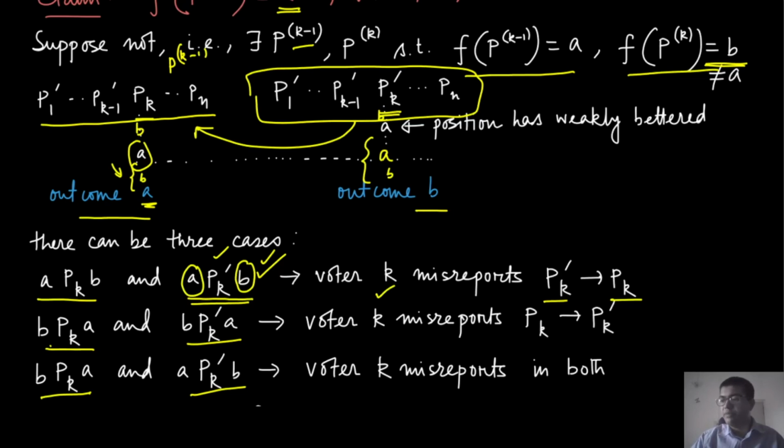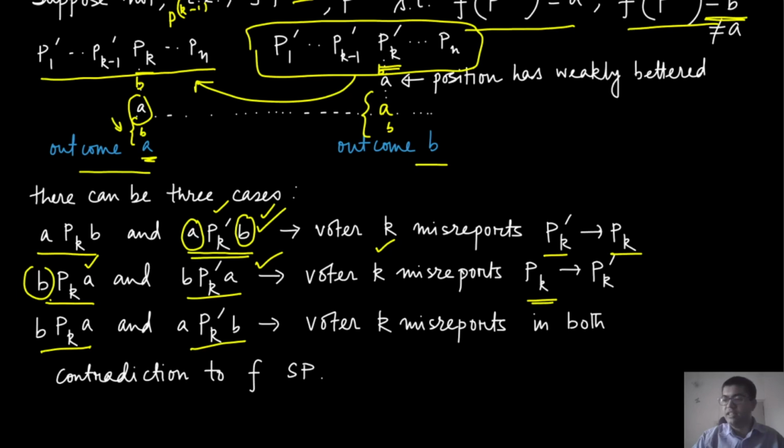The converse happens when you have the second condition. Then player K will misreport from pk to pk prime, because in pk the outcome is A, which player K prefers less than B. And if he misreports to pk prime, he knows that the outcome will be B, and that will be more preferred by this player K. And if the last thing happens, you can check that K will be misreporting.